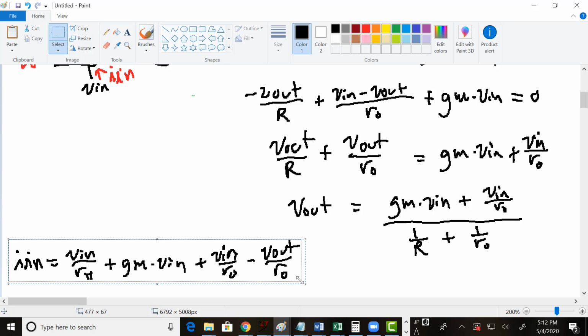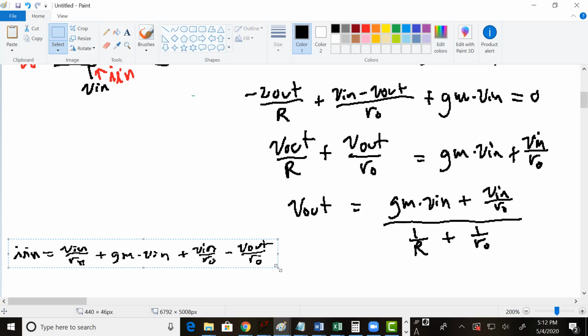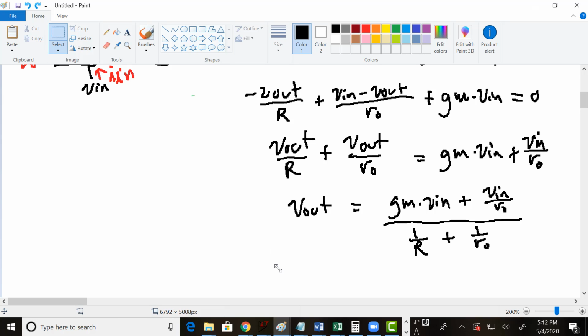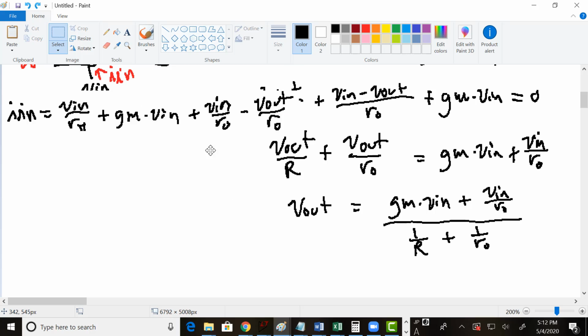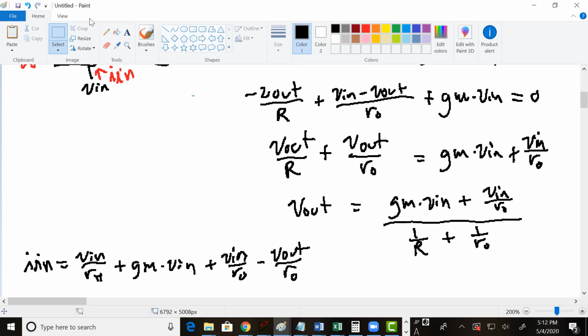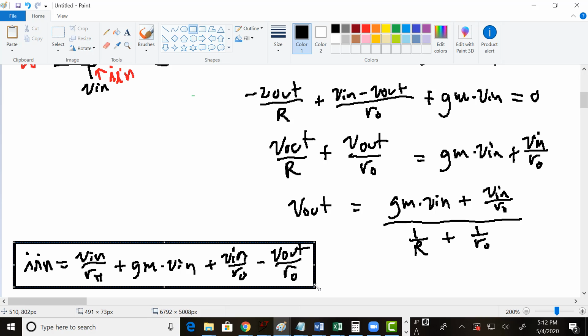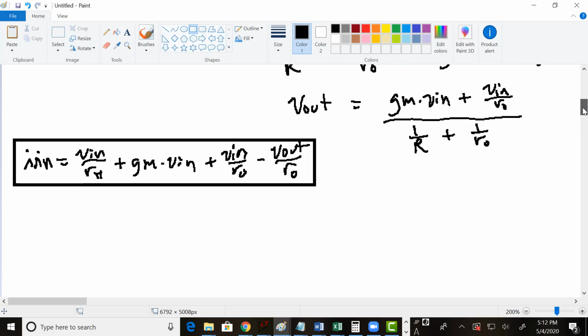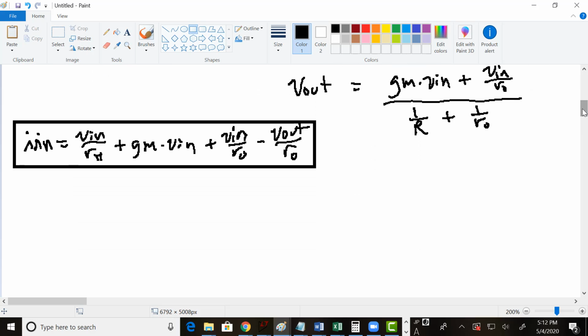Let's see if I can shrink it. It's still readable, kind of. Okay. So there's our equation, and now we have V out. So now we have to put V out into this thing.